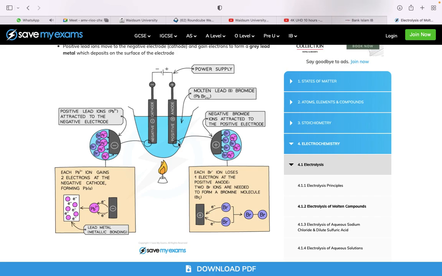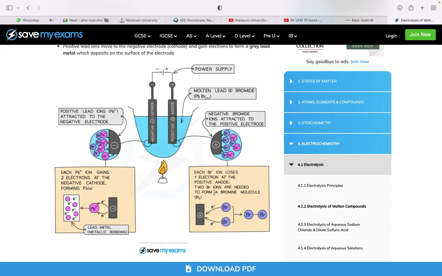Okay, are you with me? Each bromine ion, this one, will lose one electron at the positive anode.